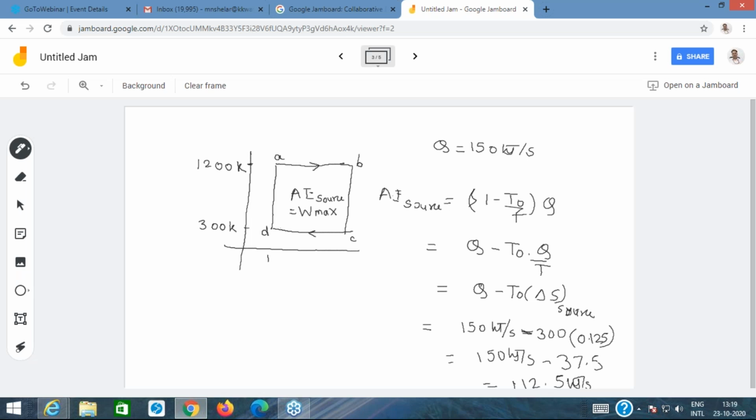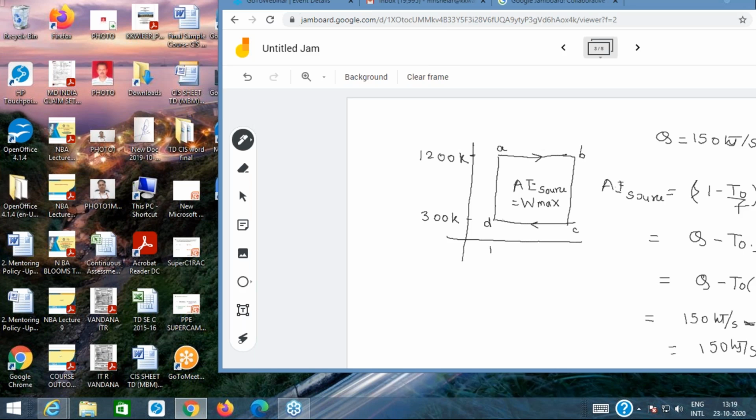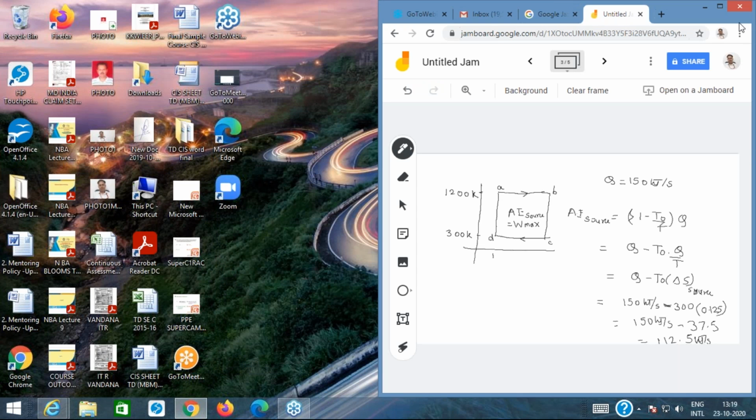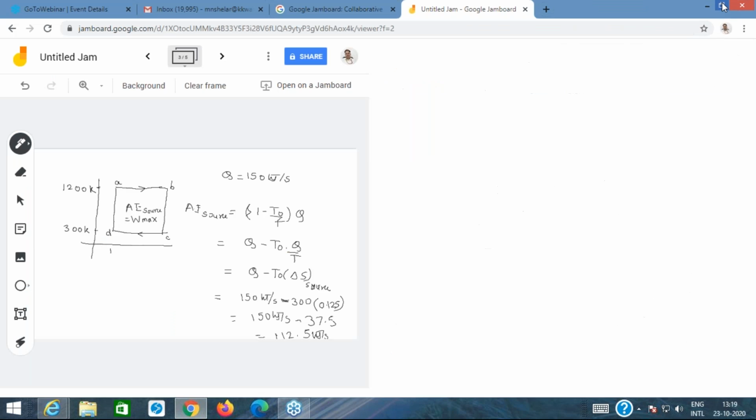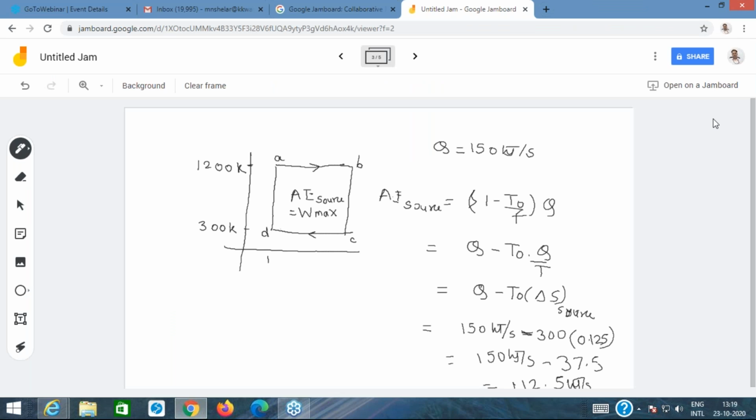Though it is not asked, what is the unavailable energy? Raju has calculated it correctly, and Tanay has also calculated.